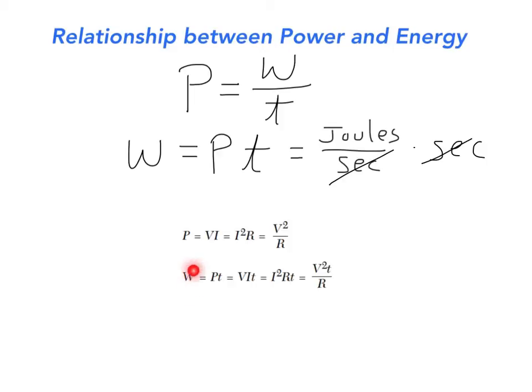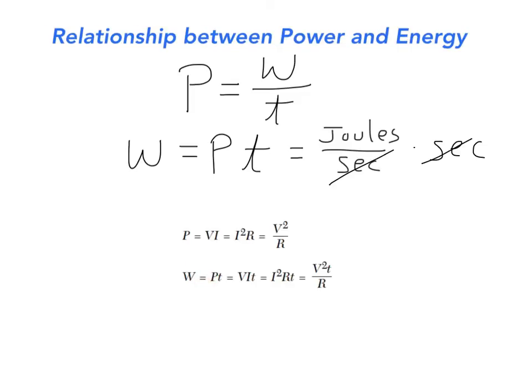So energy would be equal to voltage times current times time, or energy could be equal to I squared R times time, or energy could equal V squared over R times time. So these are all ways that I could figure out how much energy a circuit is using.